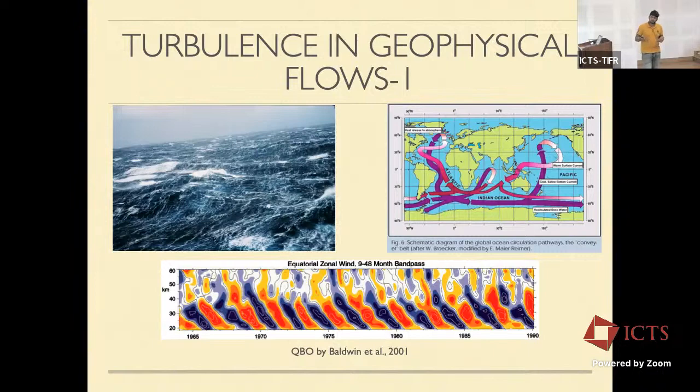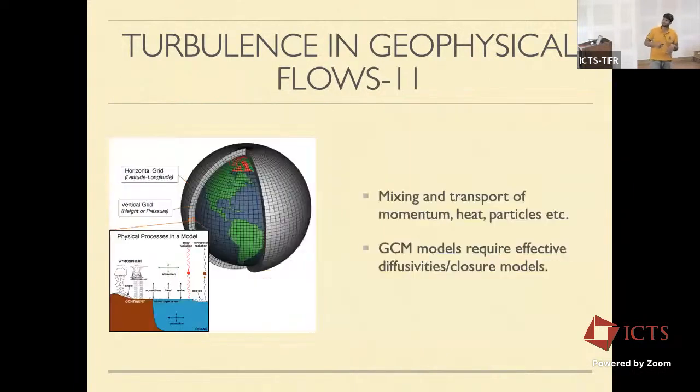So you have this periodic pattern, where this blue color represents I guess the plus direction, and that color represents the negative direction, east to west, west to east, and it has a very interesting period of 28 months. So it's not exactly a biennial oscillation, it's a quasi-biennial oscillation. And so where does this 28 months come from? What is the role of these turbulent fluctuations here? These are all interesting questions that people look at.